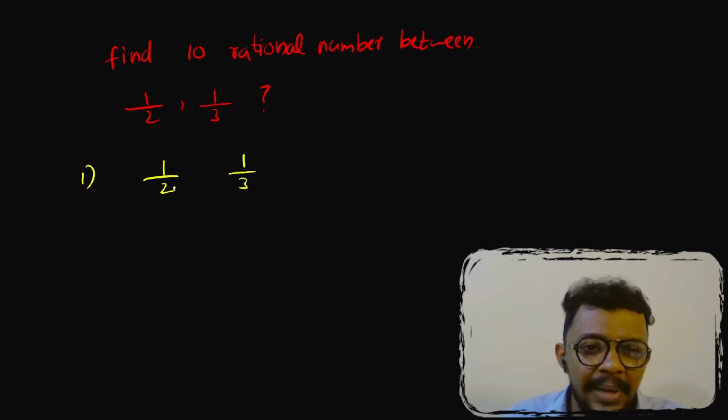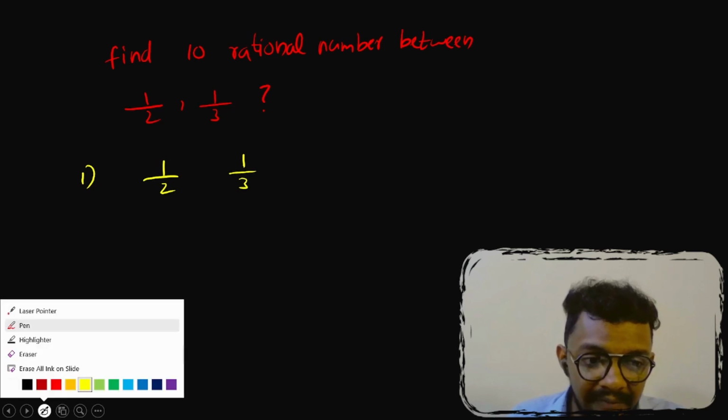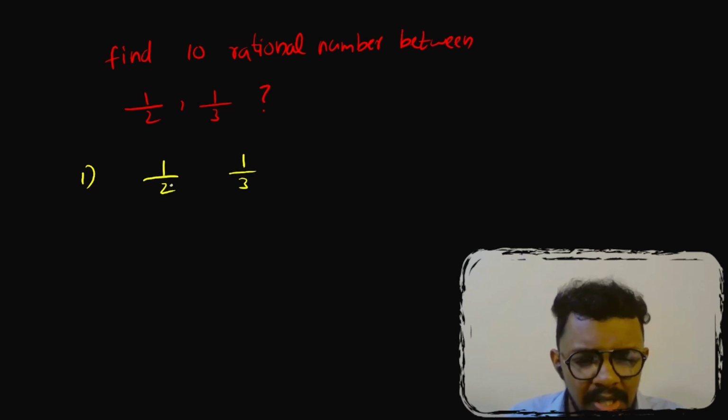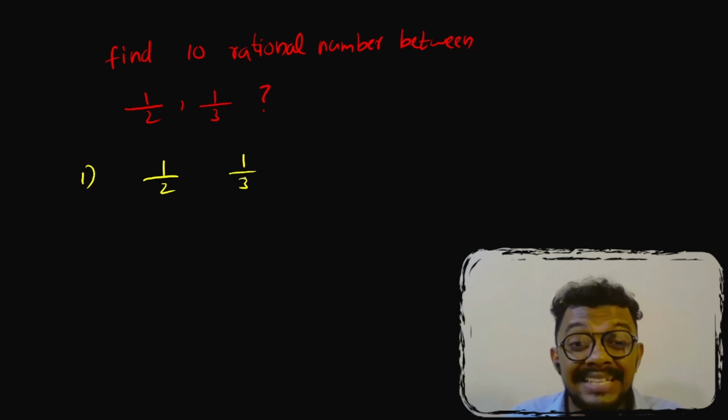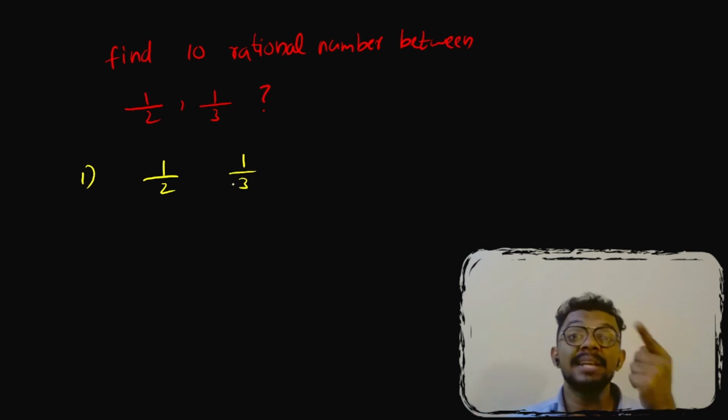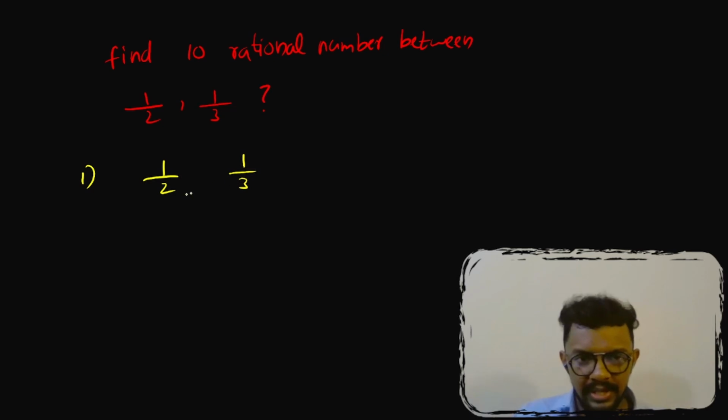In order to make the denominators the same, I have to multiply 2 and 3 by other numbers. The least common multiple of 2 and 3 is 6. So I'm going to make both denominators into 6. In order to make 2 into 6, I have to multiply by 3.